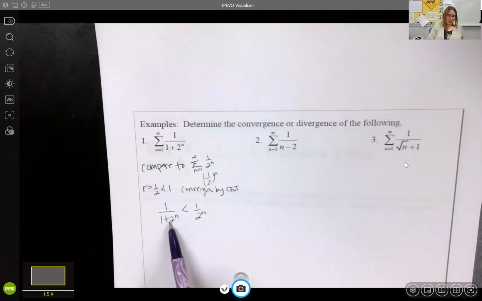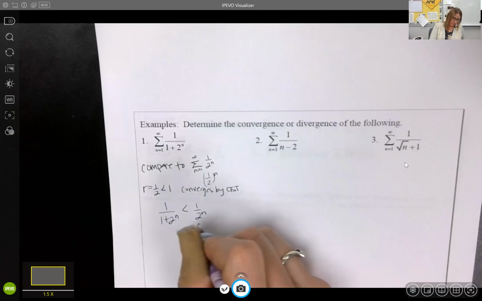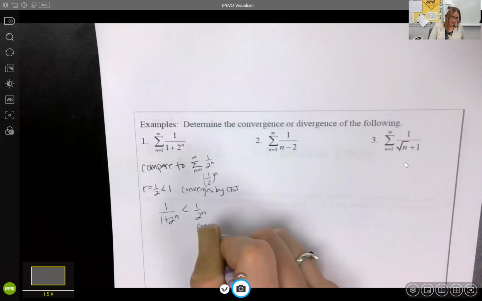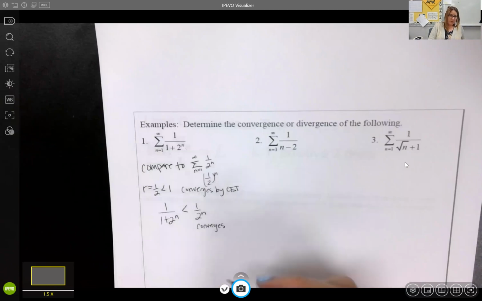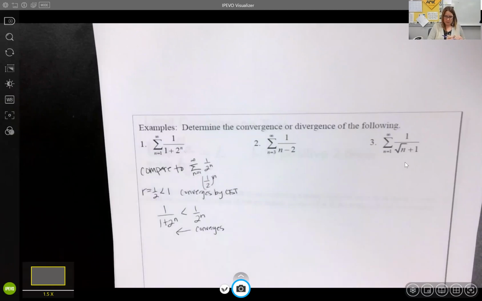This is smaller than this, okay? So we've proved that this one converges. I know that this one converges, okay? So if a bigger function converges, then the smaller one also converges, okay?